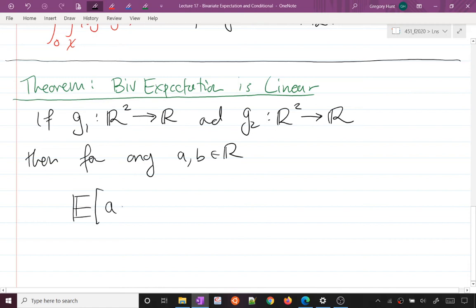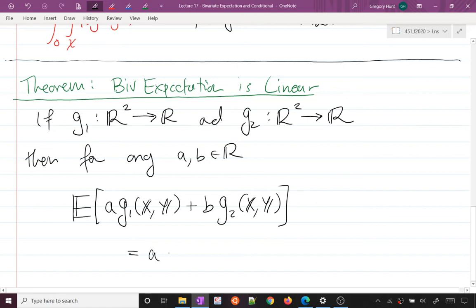The expected value of a g1(x,y) plus b g2(x,y) is, and not surprisingly, it's linear. I can distribute basically my expected value over multiplication of scalars and addition.